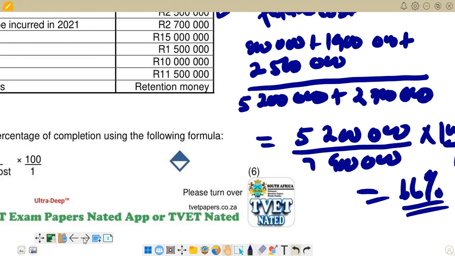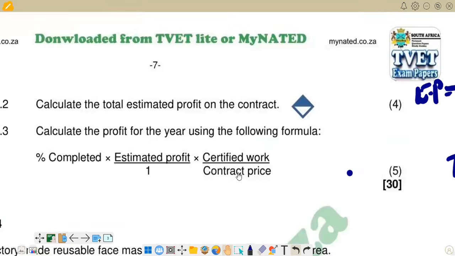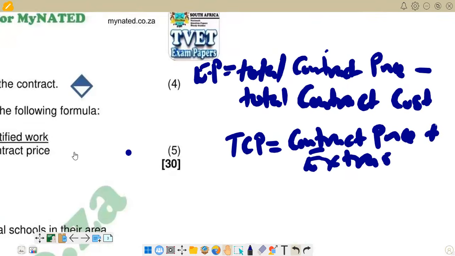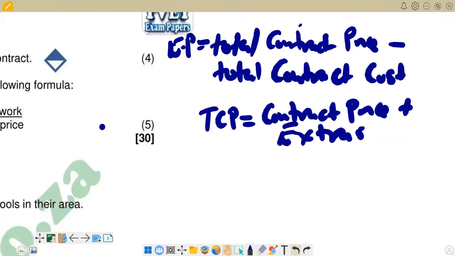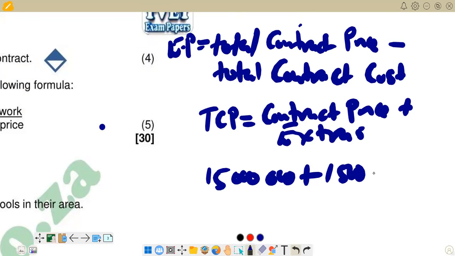So if you come here, we're just going to summarize that working. We are going to say total contract price. Remember, we have the contract price, which is 15 million. Then we add the extras that we have, which is 1,500,000.